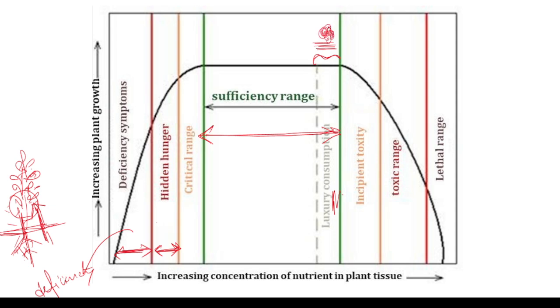So it is called luxury consumption. Then first comes a less amount of toxicity, then a higher amount of toxicity. Clear? Then at some point the plant growth decreases and the plant dies. We call it the lethal range. Clear?